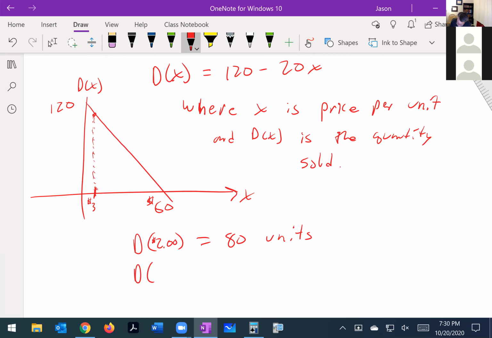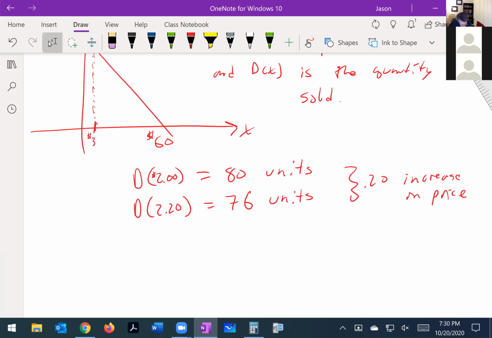If I plug in $2.20, I'm going to sell 76 units. So this is a 20-cent increase in price. It leads to what?